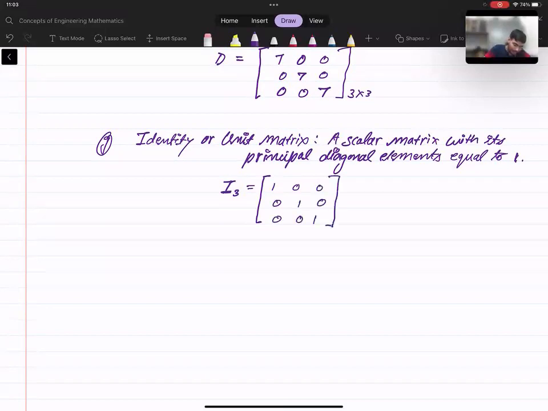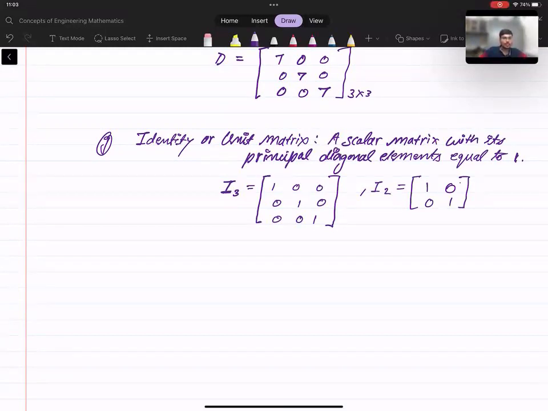So this is the identity matrix. If this is written as I2, then it will be a second order identity matrix like 1 0 0 1. So this is a scalar matrix with all the diagonal values equal to 1. So this is something known as identity or unit matrix.